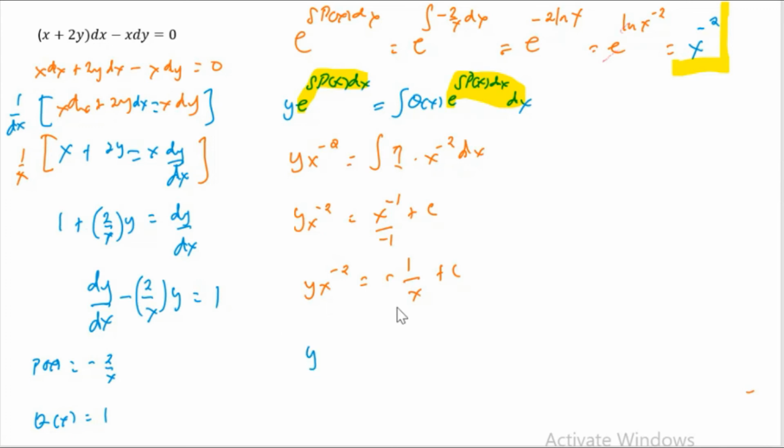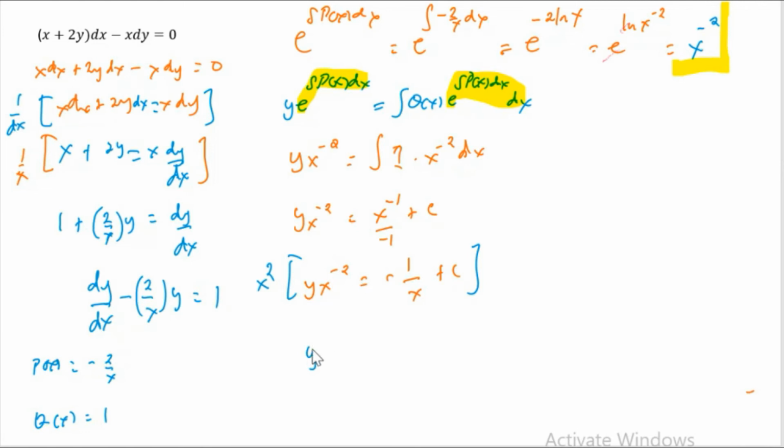You can divide the entire equation by x to the power of negative 2, or you can multiply by x squared. They are just the same. So multiplying that one, we have x squared times y x to the power of negative 2.